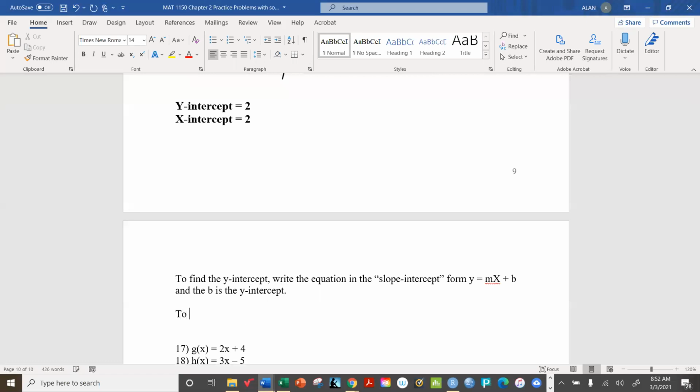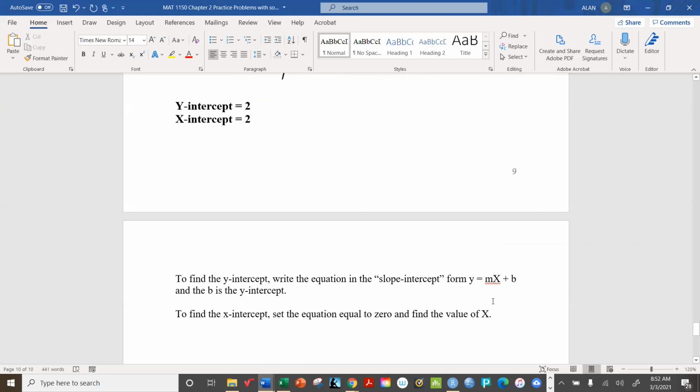To find the x-intercept, set the equation equal to 0 and find the value of x. That's all you have to do.